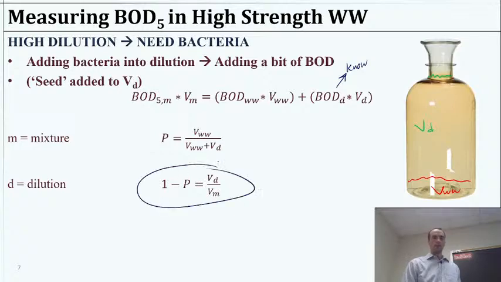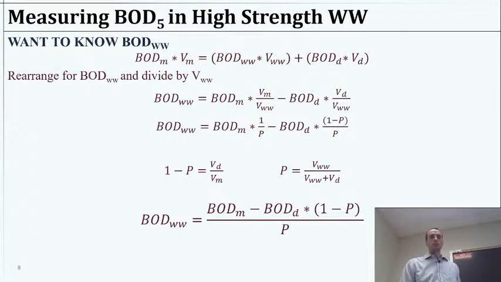So here's where this guy can come and simplify some things for us. We can say the BOD of the wastewater is equal to the BOD of the mixture times 1 over P minus the BOD in the dilution water times 1 minus P divided by P. Do all that and it can simplify down to finally this value here: BOD in the wastewater is equal to the BOD in the mixture minus the BOD in the dilution water times 1 minus P, all that divided by P. Okay, so we can sort it out to the point where the volumes are all arranged according to just the dilution ratio instead of having to pick apart each actual little volume.